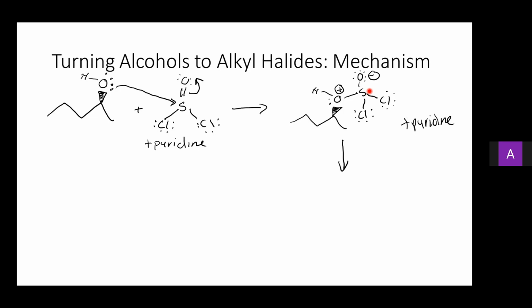What is a step that can lead us towards a product? And if you don't know, just feel free to say, I don't know, and then I can help you guys out. And just a hint, it involves this negative charge right here.